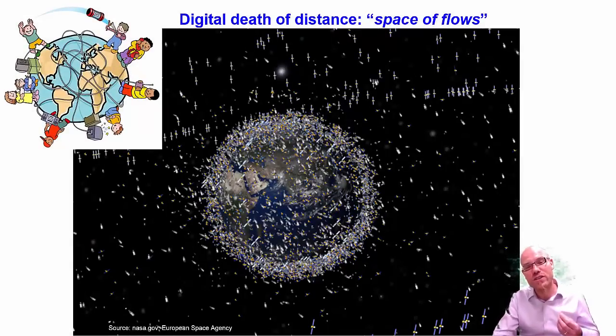It also changed our perception of space. So not only the perception of time, but also our perception of space. Manuel Castells calls this the space of flows that was created. Why is it a space of flows? It's because Manuel Castells says that geography basically doesn't matter so much anymore. I can instantaneously communicate with somebody on the other end of the globe, going through networks that span the entire globe. These are the representation of the satellites around the Earth.